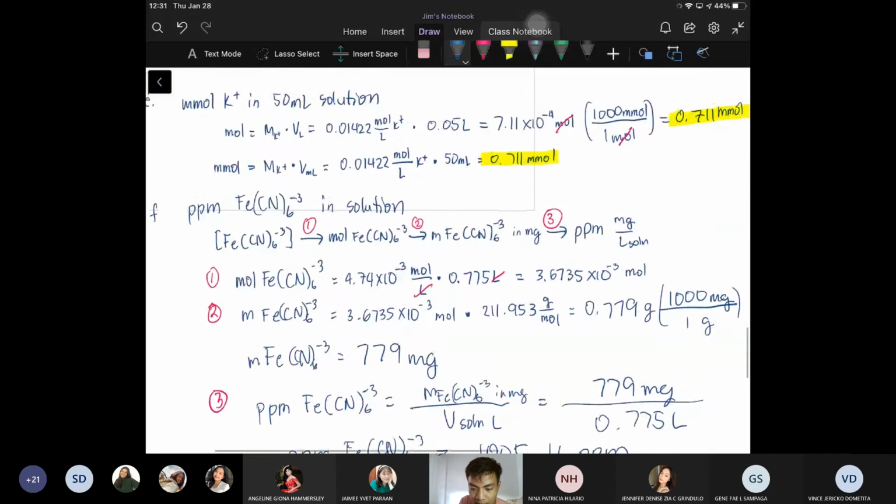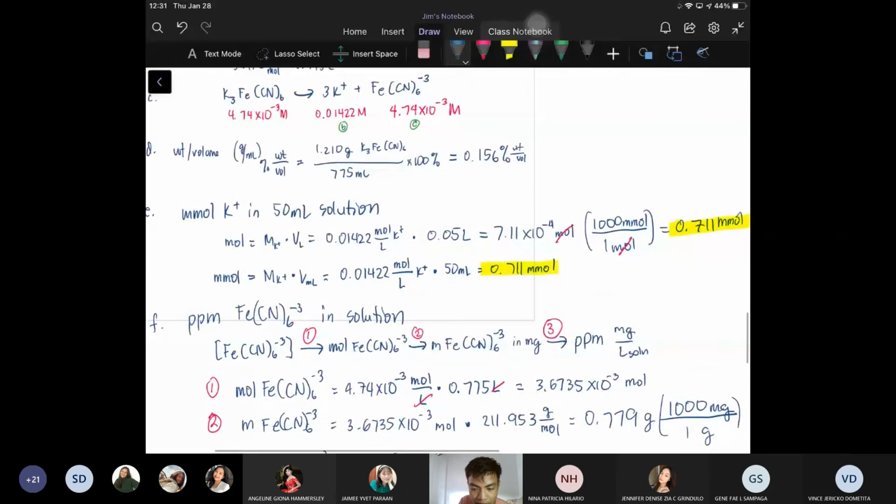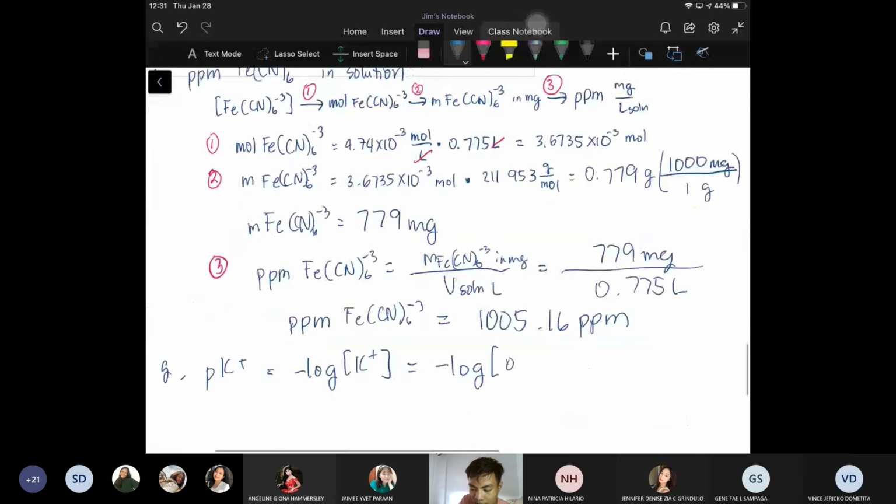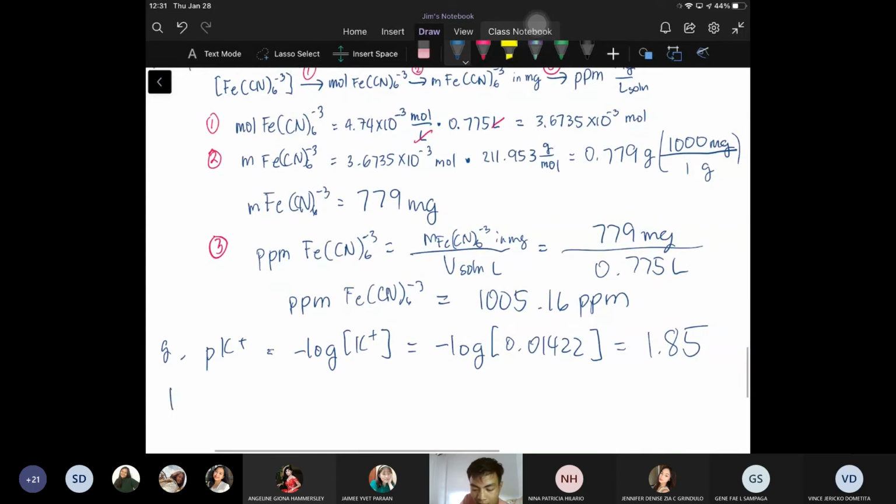Sabi sa problem, yun ay 0.01422. Okay? Pindutin nyo na lang sa calcu, negative log 0.01422. So, pK plus is 1.85. Okay na yan. 1.85.